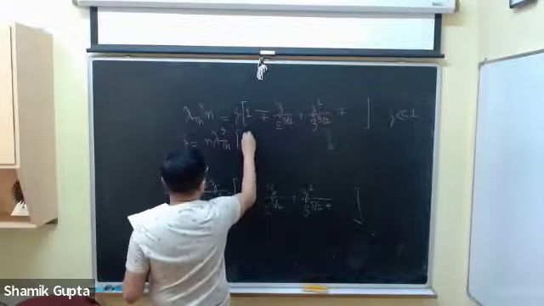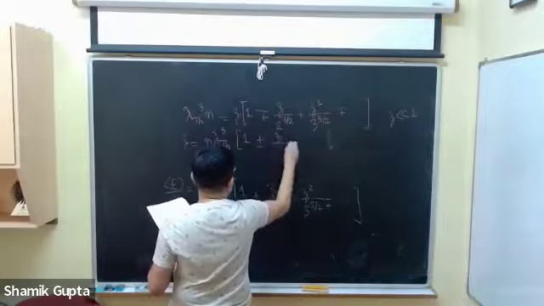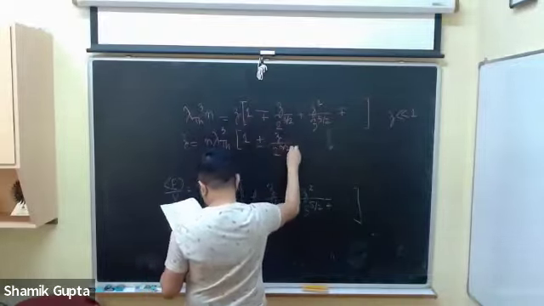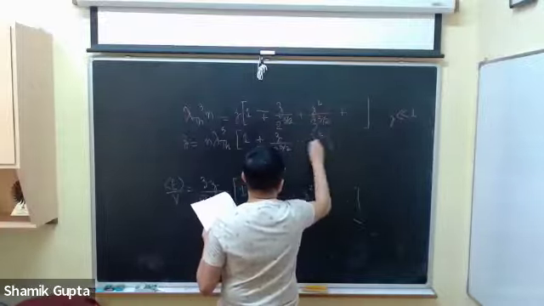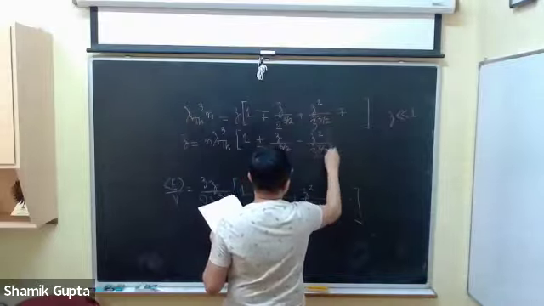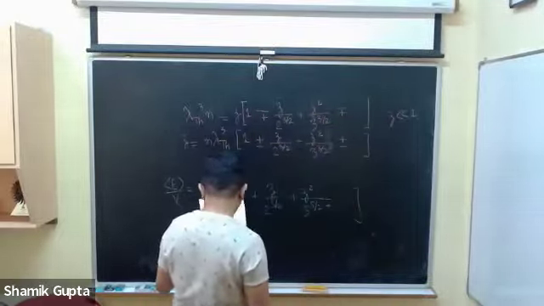If you invert it, you get this: 1 plus minus z by 2 to the power 3 by 2 minus z squared by 3 to the power 3 by 2 plus minus. This is what you get on inversion.